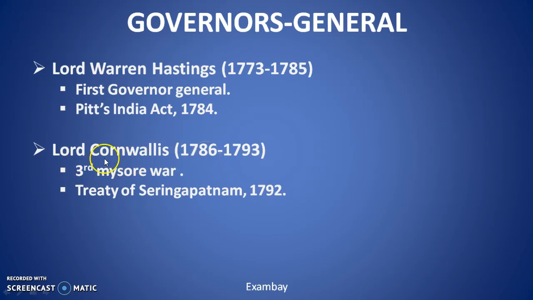Then we come on to Lord Cornwallis from 1786. Under his reign, the Third Mysore War was fought, and the Treaty of Srirangapatnam was signed in 1792. The Third Mysore War was fought in 1791-92. That's why he's most important. He was the first governor general to die in India, during his second term around 1805-1806.